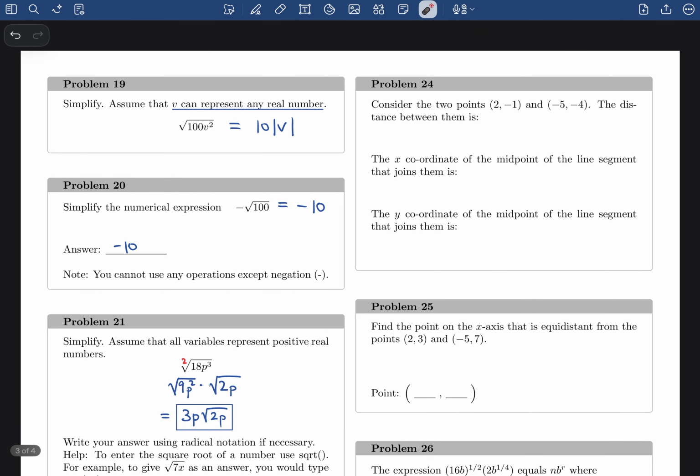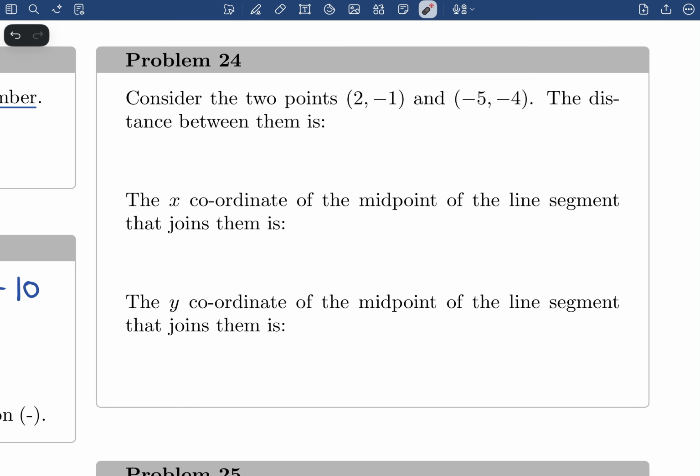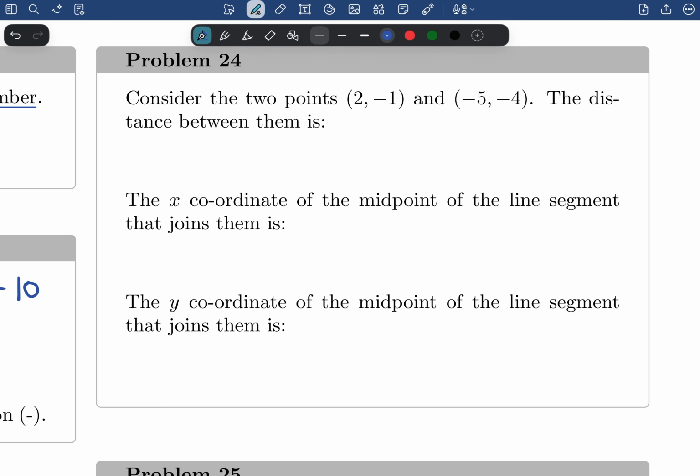Great. Problem 24, consider the 2 points, 2 comma negative 1 and negative 5 comma negative 4. The distance between them is what? All right, well, we just used the distance formula, so let's get it back out. The distance between these 2 points in space. And by the way, we can call this first point x1 comma y1 and the second point x2 comma y2.